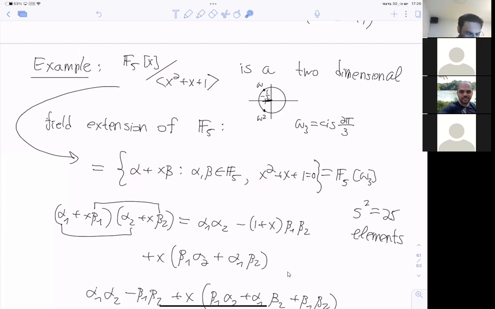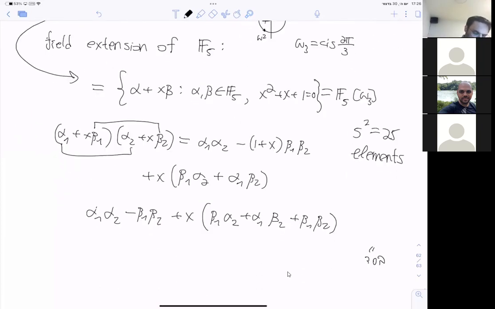Last time I told you that you can describe the operation inside this field using operator overloading in programming, but you can do another thing.